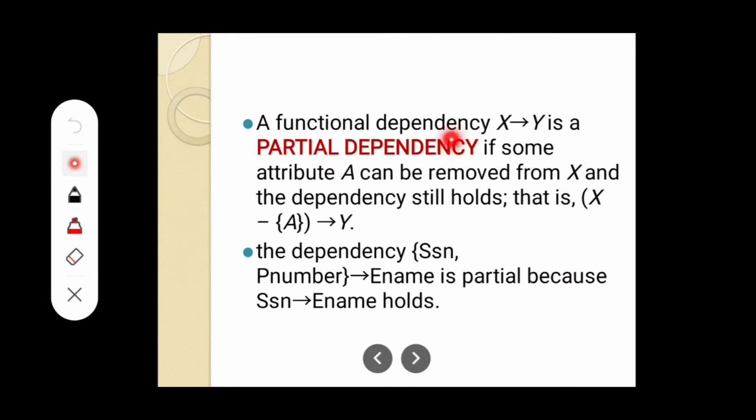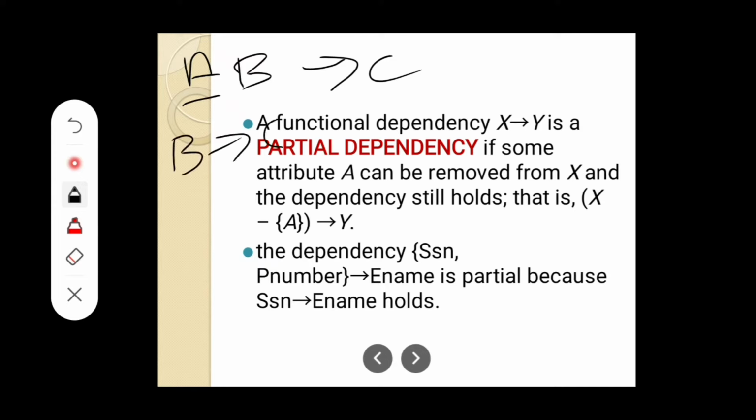What is partial functional dependency? Just the opposite. If we remove any attribute from X and the functional dependency still holds, then we can say that this is a partial functional dependency. As we said earlier, A, B determines C. If I remove A, it becomes B determines C. This is true.